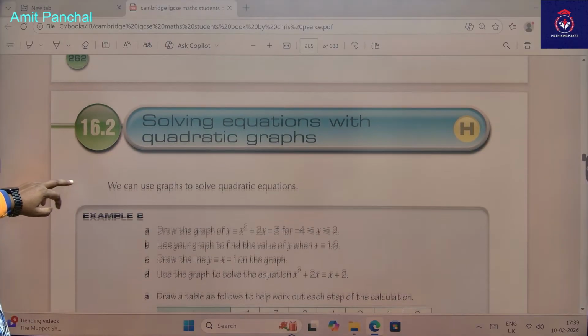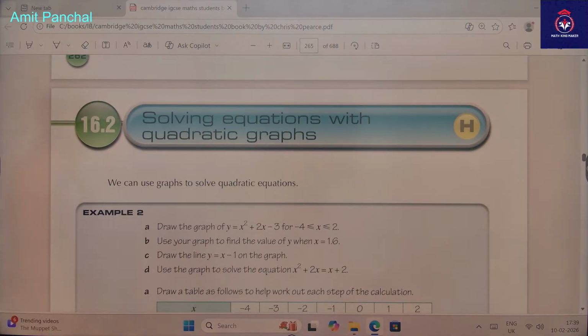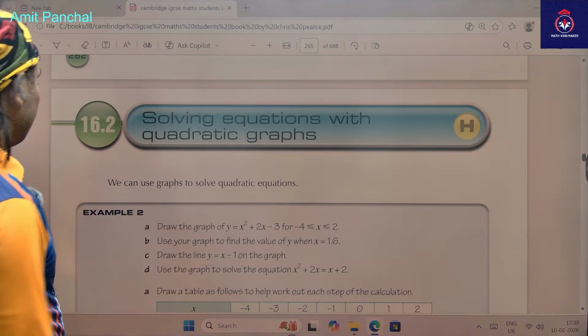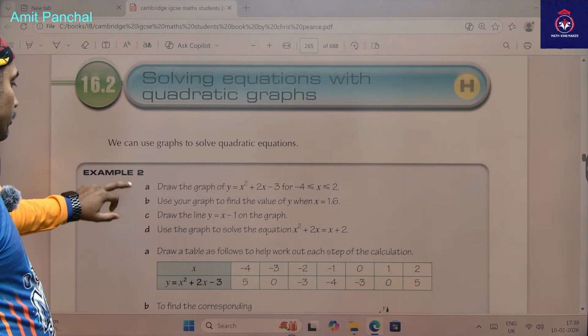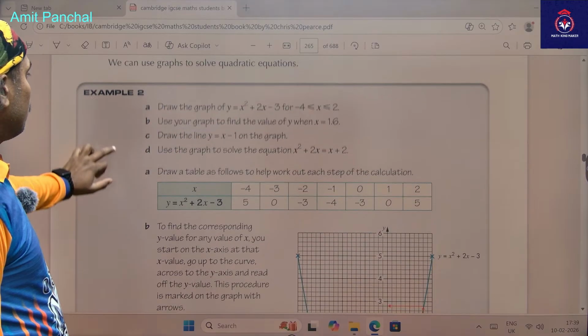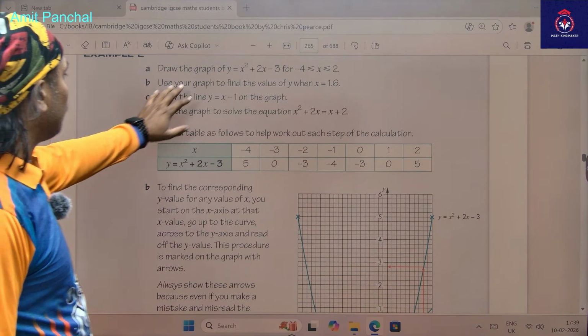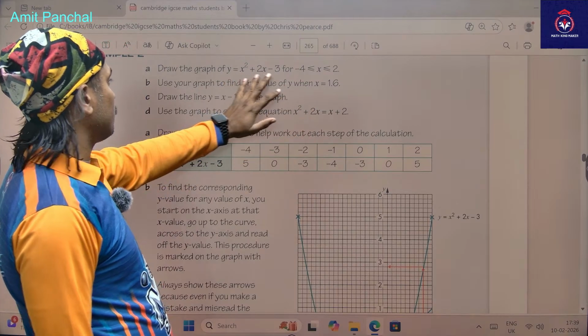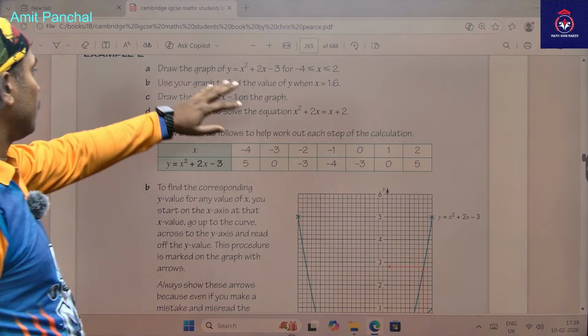Now solving equations with quadratic graphs. You can also solve your equation with the help of a quadratic graph. Okay. So now first of all, drawing the graph, I told you y equal to x square plus 2x minus 3, you need to draw that graph.